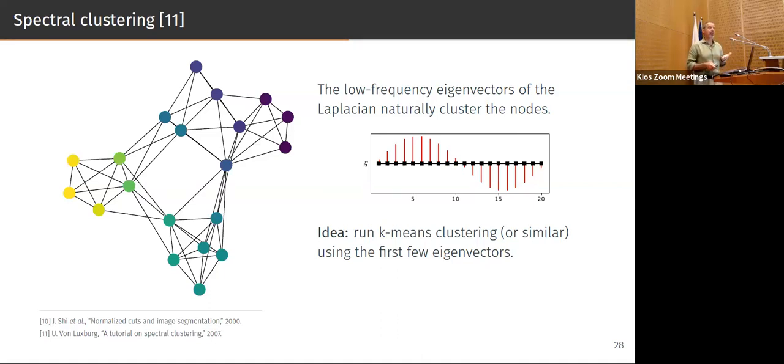In this example, for this graph you have 20 nodes, and this is the eigenvector associated with the first low frequency. What you see looks like a sinusoid. It can be different, depending on the eigenvector. If you look at this, you see clearly that there is a split into halves.